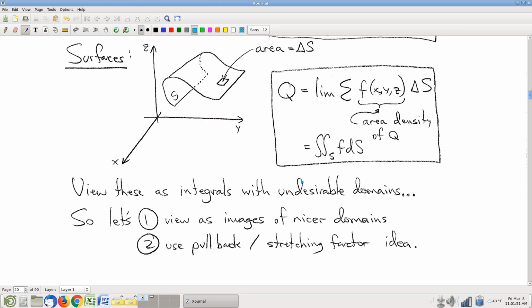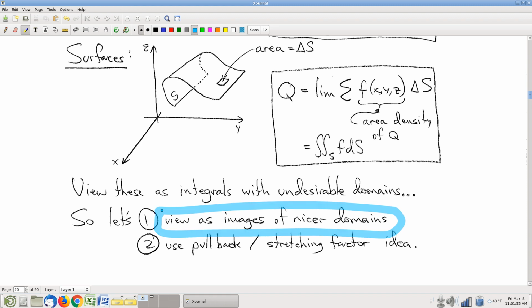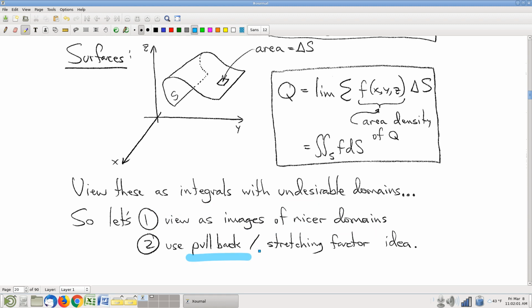So we're going to approach it in the same way. We're going to view it as the image of a nicer domain that I like, and we're going to do a pullback, just like we did with change of variables. It's a real ripoff of what we did with change of variables.